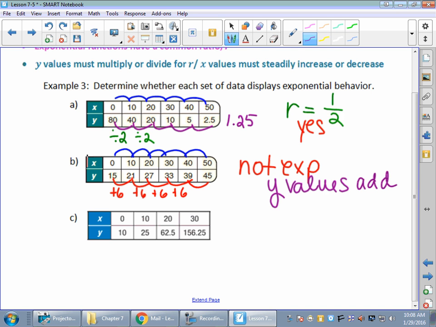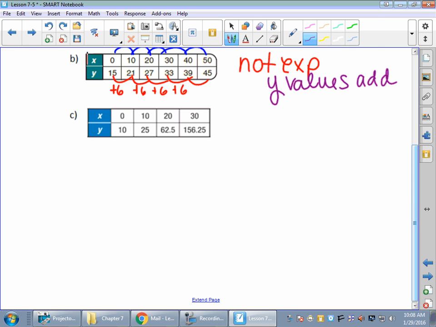So let's talk about this last one. This one's a good one. First of all, x values, pretty good, right? Like I said, I didn't purposely pick where they always added. So the x's are good. Now, how do you get from 10 to 25? We could add 15, but does that work for our next? How do you get from 25 to 62.5? I went to my calculator and did 62.5 divided by 25, and then I checked 156.25 divided by that value to see if I got what I needed.